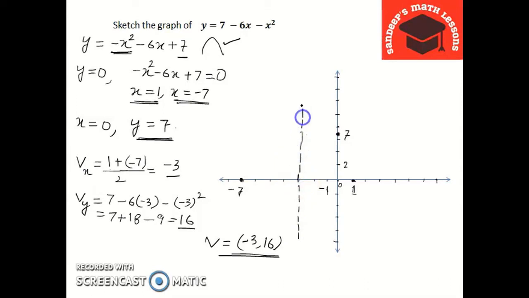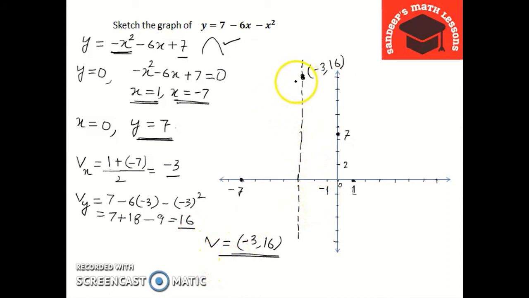It will lie on this line. And the y coordinate is 16. So this is 8, 10, 12, 14, 16. So I can say the vertex will be somewhere here. That means -3, 16.